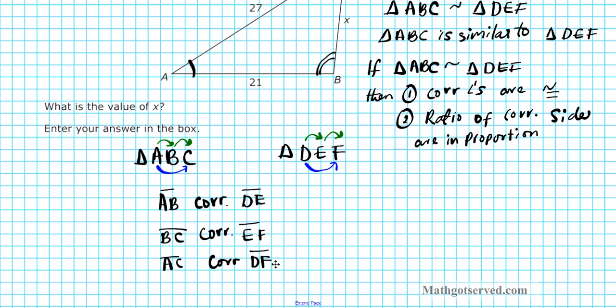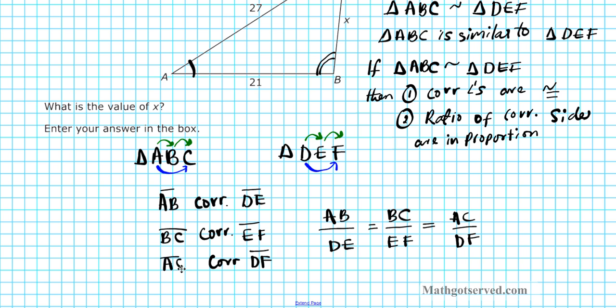They are in proportion. What does that mean? That means that the ratio of this pair is equal to the ratio of this pair, and it's equal to the ratio of this pair. If these triangles are similar, AB over DE is going to be equal to BC over EF, and that's going to be equal to AC over DF.